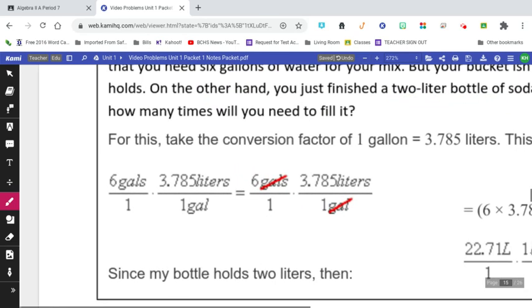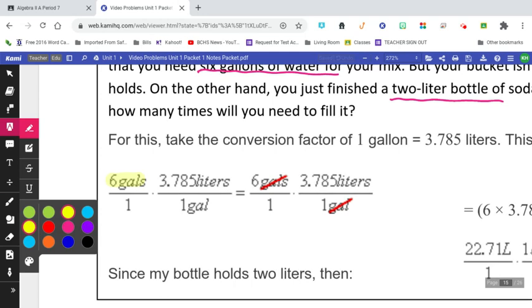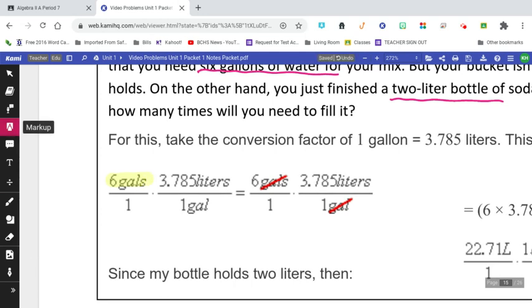So if you look over here, we start with the 6 gallons, okay, because that is our starting amount. We eventually want to end up, though, with liters. If we know how many liters there are in 6 gallons, then we'll know how many 2-liter bottles to use.